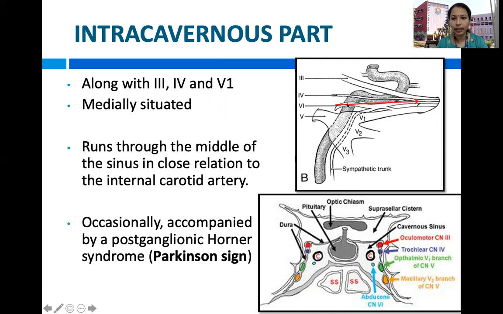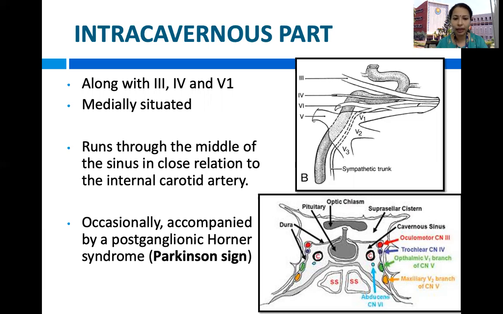So you can see the sixth nerve lies in close proximity to these three nerves here. And the important thing is the sixth cranial nerve runs through the middle of the cavernous sinus, as you can see here, whereas the other third, fourth, and fifth cranial nerves, they lie in the lateral wall of the cavernous sinus. So the sixth nerve is the first nerve to be involved in any cavernous sinus pathologies.